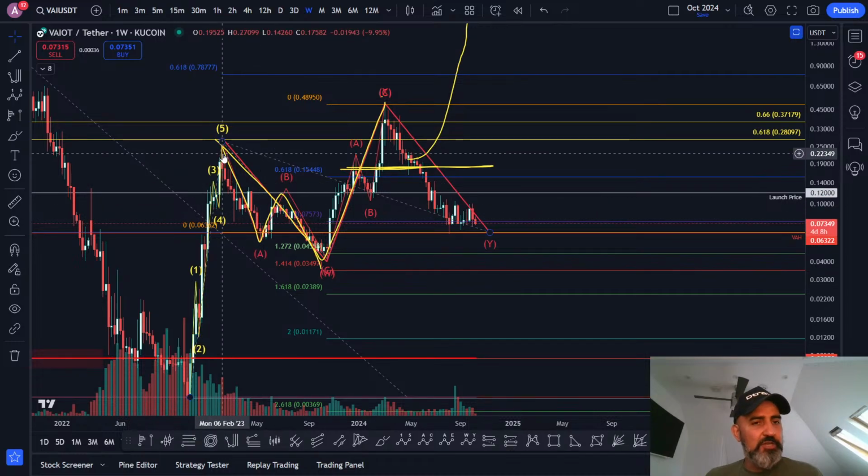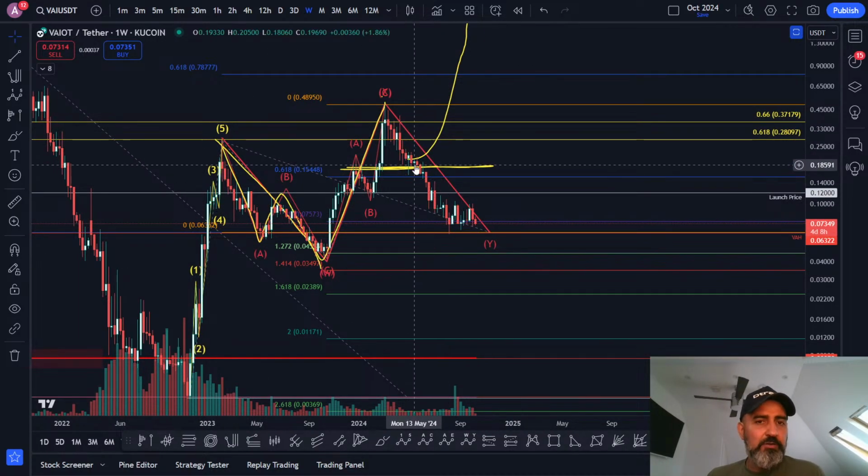And so now I've changed my corrective count into some kind of WXY. And I think we're coming to the end just because of the time symmetry. I'm not really too bothered about the movements, because it's obviously not the same as these.